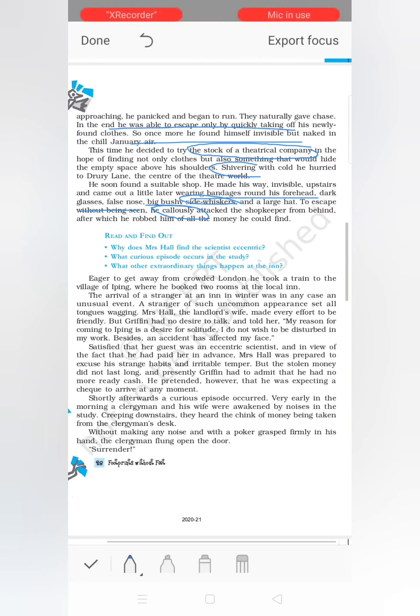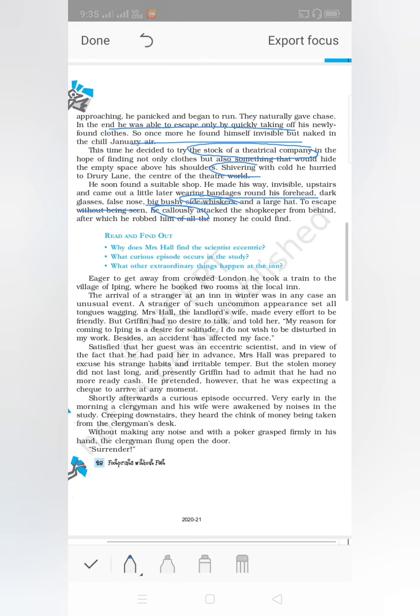He came out wearing all these things. As he did not have any money, he attacked the shopkeeper and robbed him of all his money. So this was a bad deed that he performed. He took advantage of his being transparent. What did he do? He attacked the shopkeeper and robbed him of all his money.